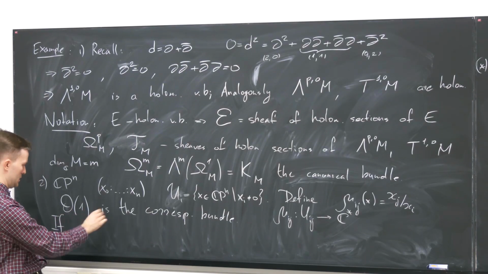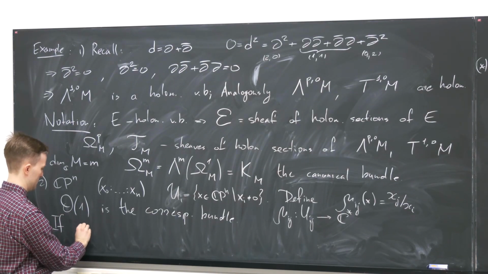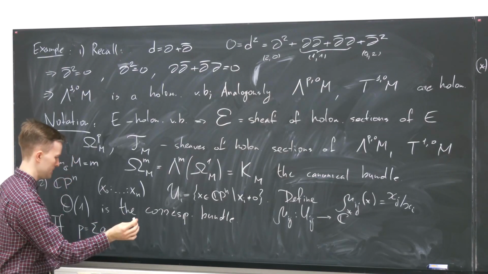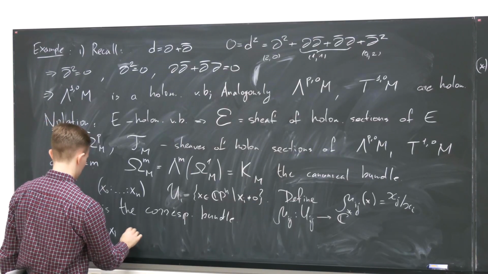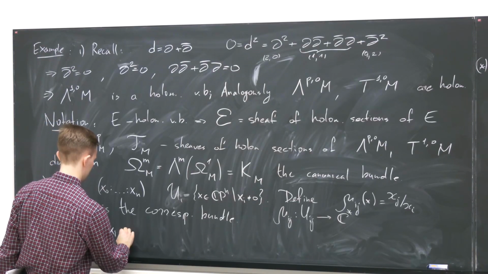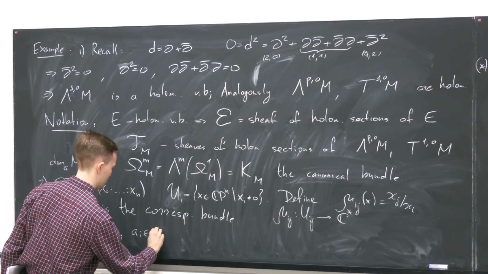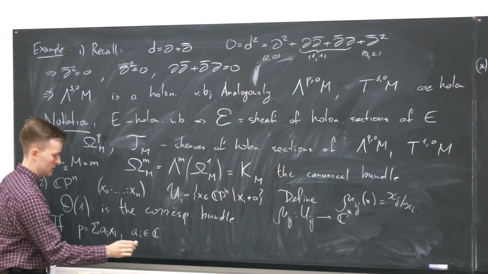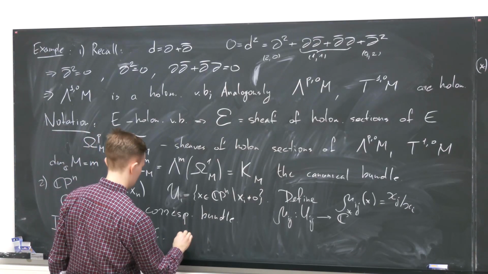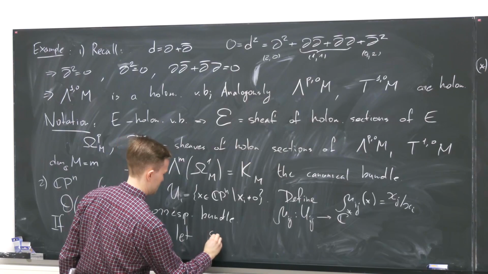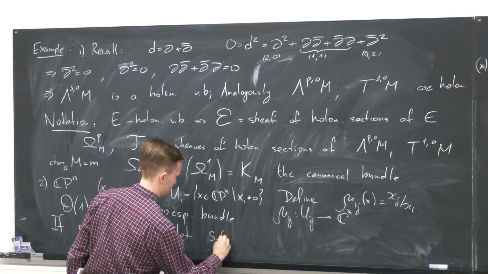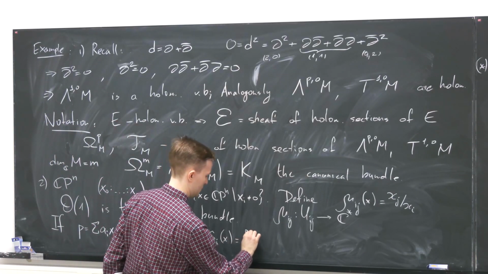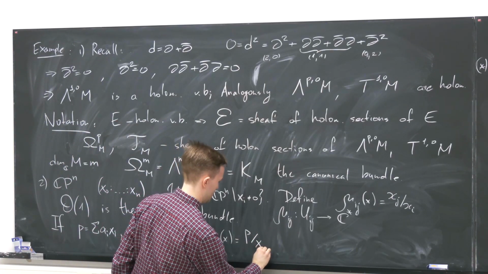So let's do this. If P equals the sum of ai xi, where j goes from 0 to n, we let Si of x be P divided by xi.